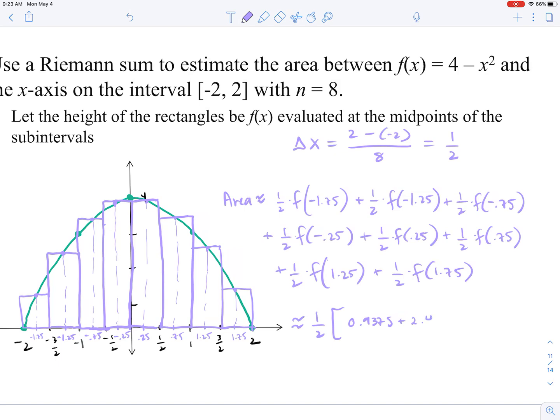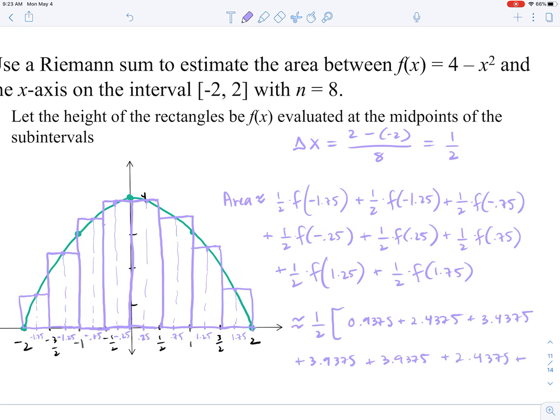And we can think about factoring 1/2 out. I already calculated these values, so I have 0.9375 plus 2.4375 plus 3.4375 plus 3.9375 plus 3.9375.